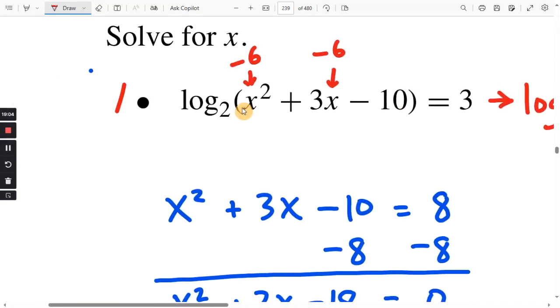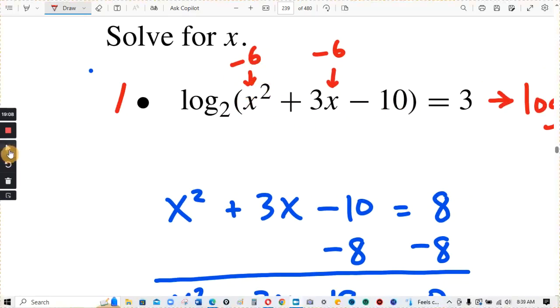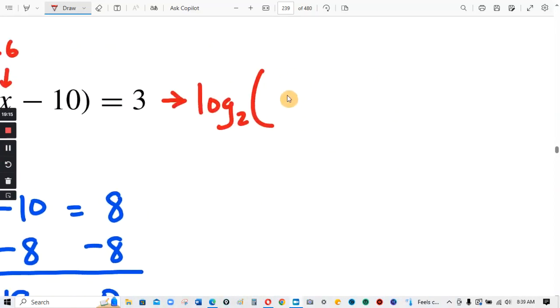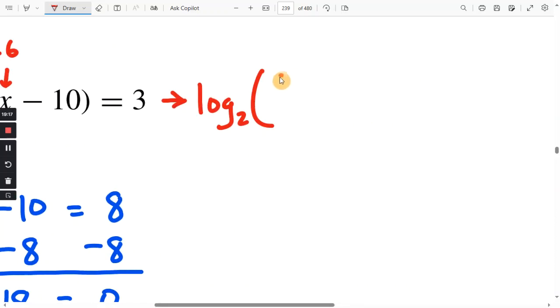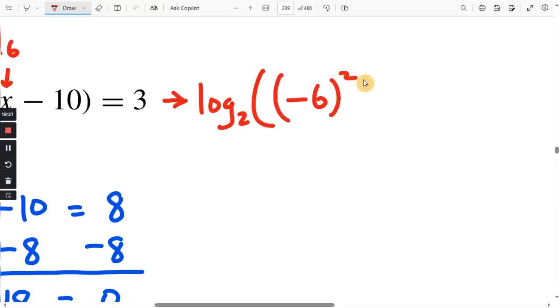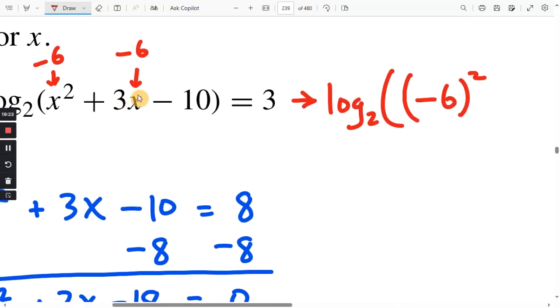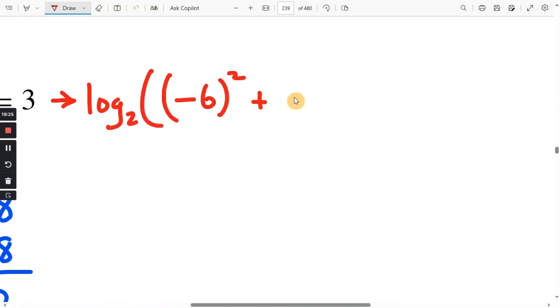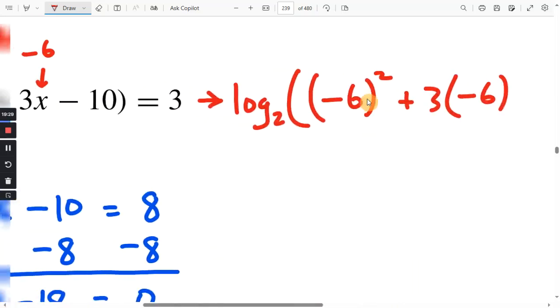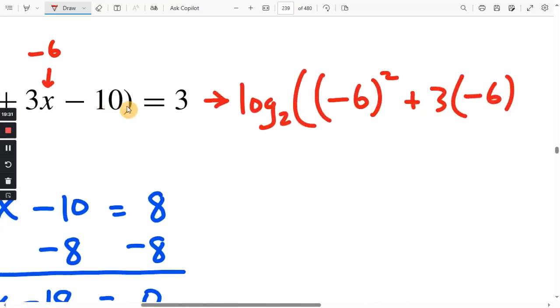So the parentheses start the argument here, but you also need parentheses on the negative 6 since you're squaring it. So I'm going to put the parentheses again. Negative 6 squared plus 3 times negative 6, and then minus 10, close parentheses, equals 3.